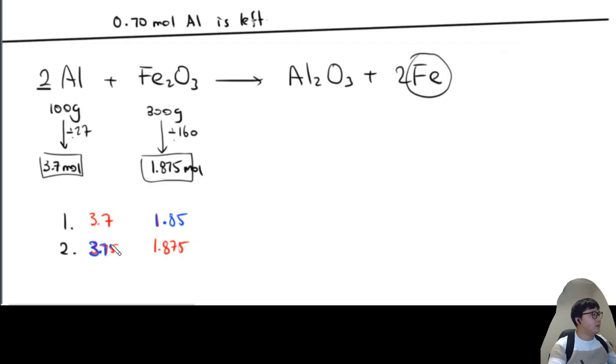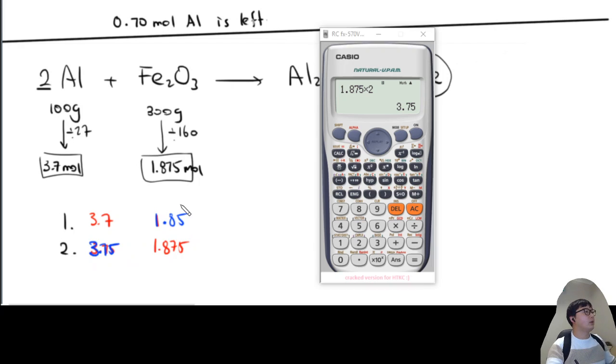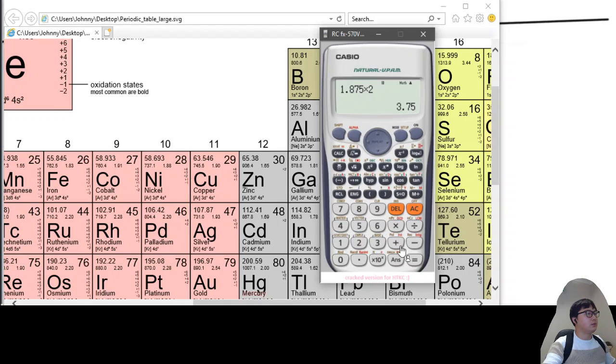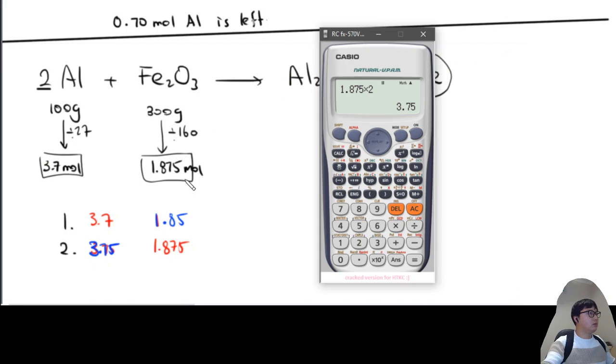So if this is really the case, well, let me just double check. I'm just going to use exact results because they're so close. So 26.982 gives me 3.706.